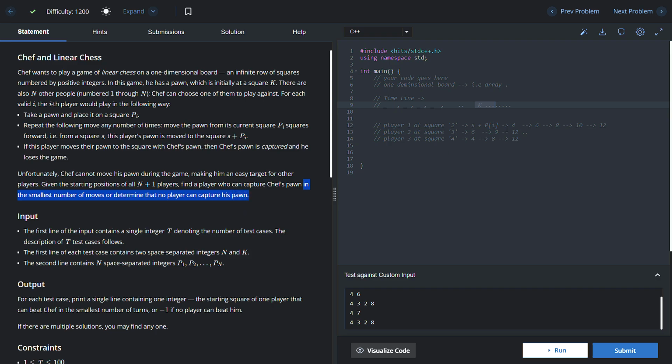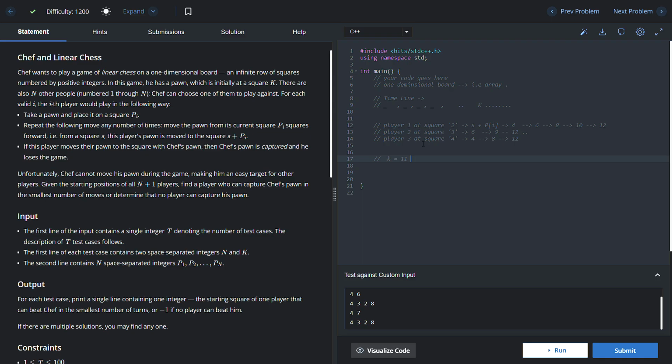There is a possibility that we have k equal to 11. Then whatever player 1, 2, 3, any player can do with any possible move, 2 cannot reach 11. That is 2, 4, 6, 8, 10, and then 12. It jumped to 12 and skipped 11. Similarly for 3, it doesn't reach 11.